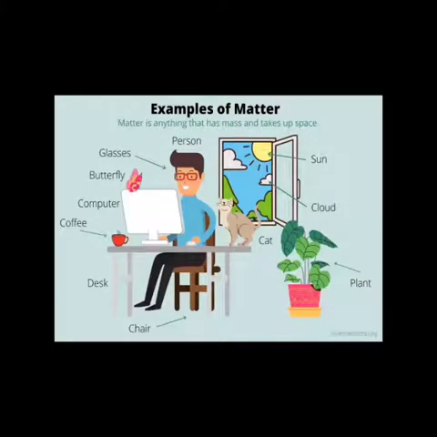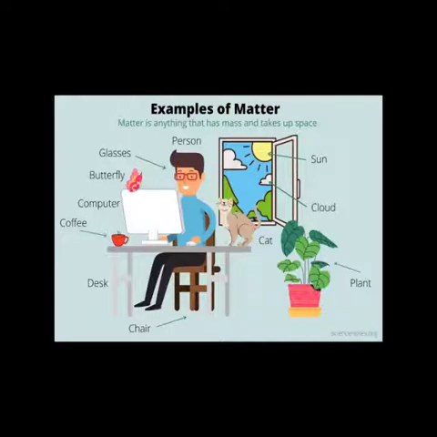A book, a pen, a table, chair, ice cube, and the air around us are all made up of matter. All these things take space, and they also have weight, right?